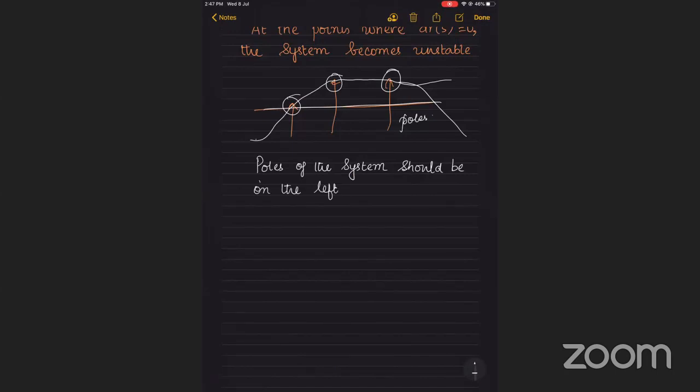Left half of the S plane. Is that clear? Now, this is with respect to the continuous function.